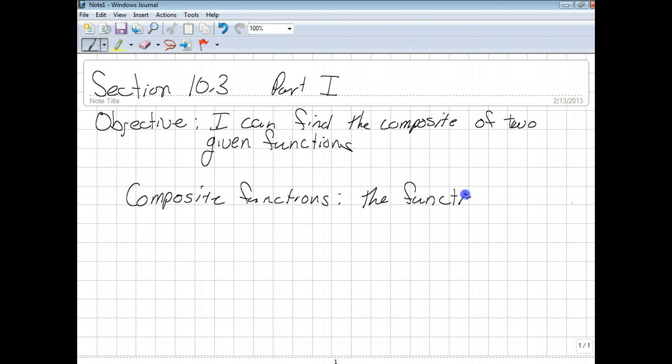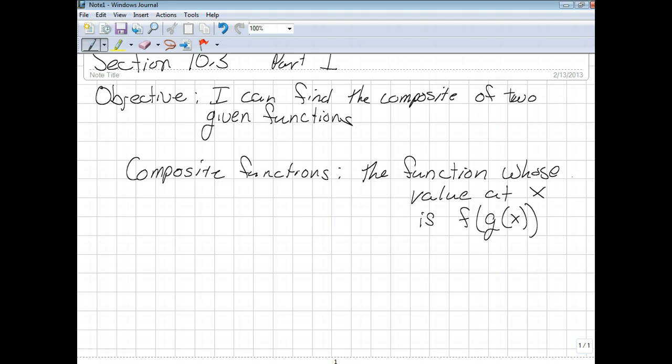So the composite is a function itself whose value at some x is made up of or comes from using the two functions. So f of g of x.